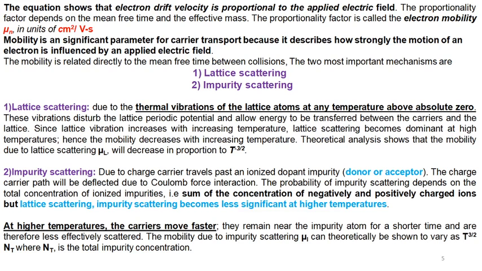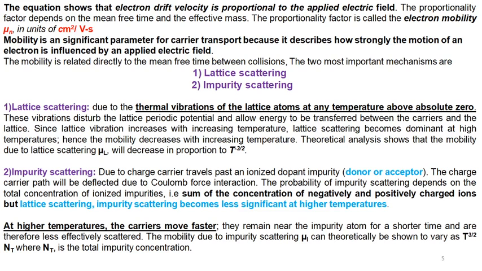It shows how strongly the motion of an electron is influenced by the applied field. When we apply the electric field, the mobility describes how strongly the electron will move inside the material. This mobility is related directly to the mean free time between collisions.